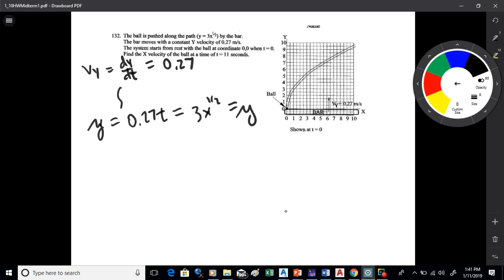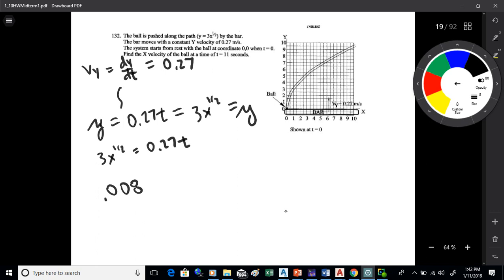So 3x to the 1/2 is equal to 0.27 times whatever the time is, because I know that y is 0.27t, and I know that y is also 3x to the 1/2. So 3x to the 1/2 is 0.27t. So what that means is, if you work through this, 0.0081 t squared is equal to x.